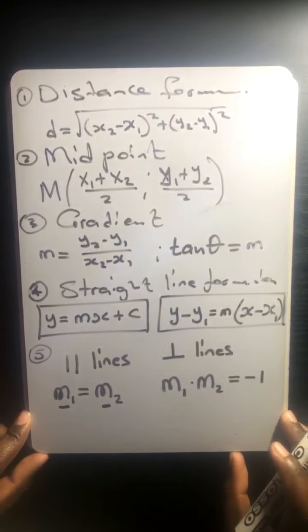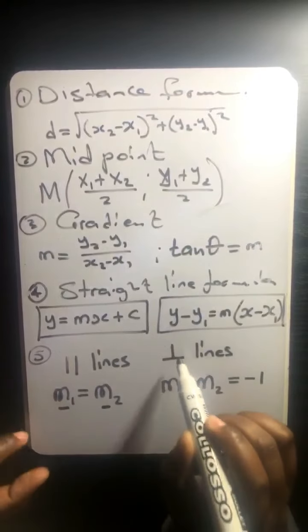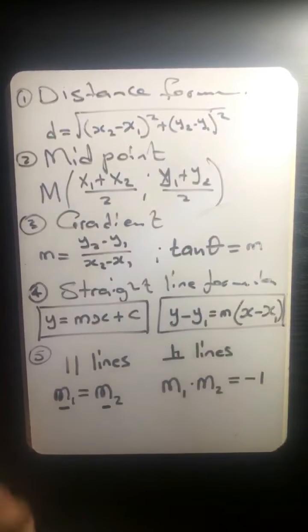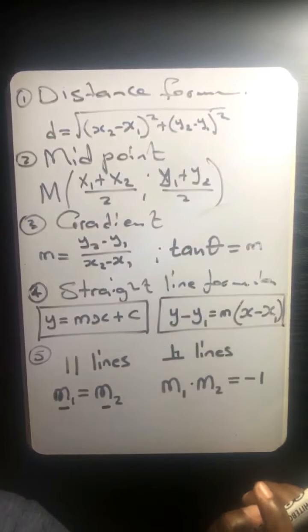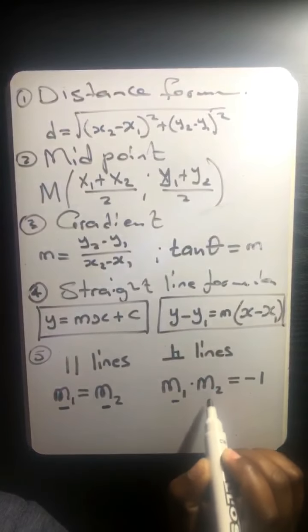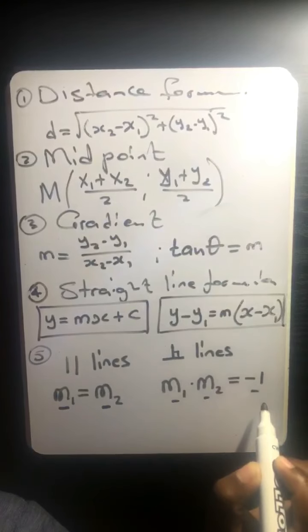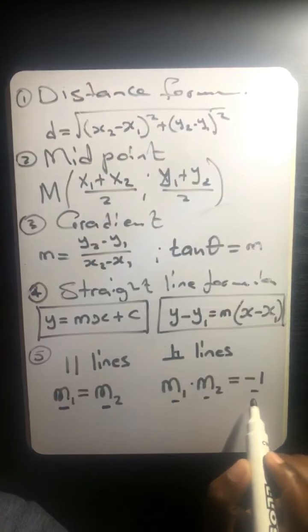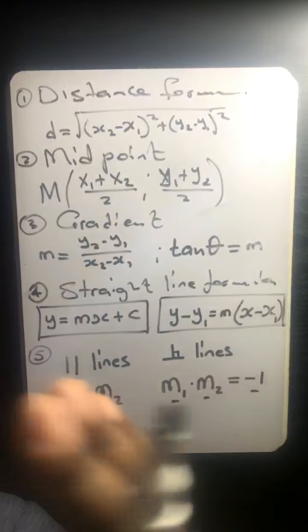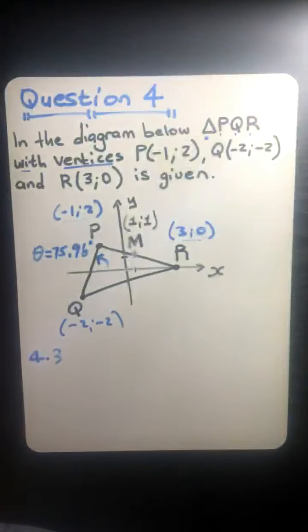Perpendicular lines form a Sefapano having an angle of 90 degrees. So when you multiply the gradient of one line and the gradient of the other line, they equal -1. So you just need to know the gradient of the other line.